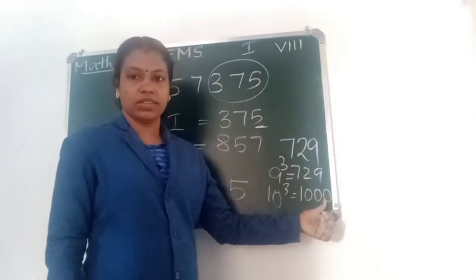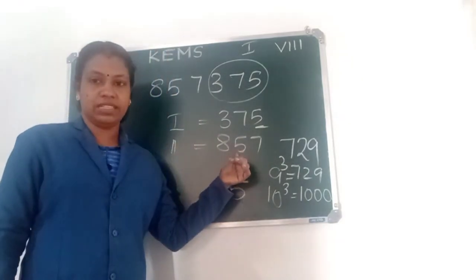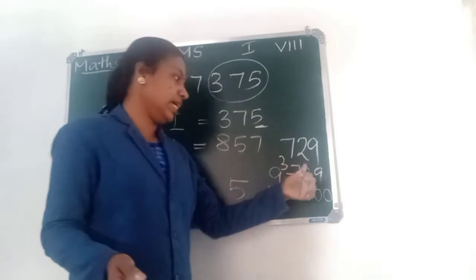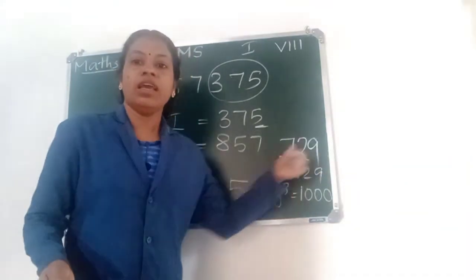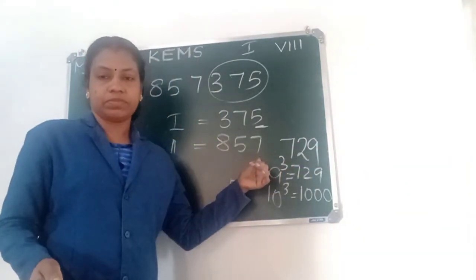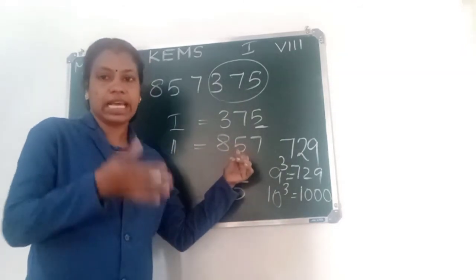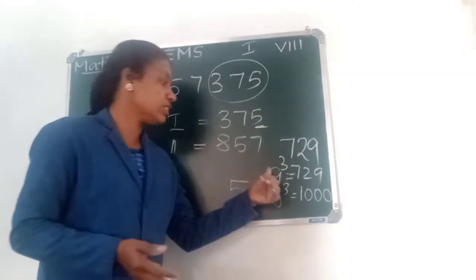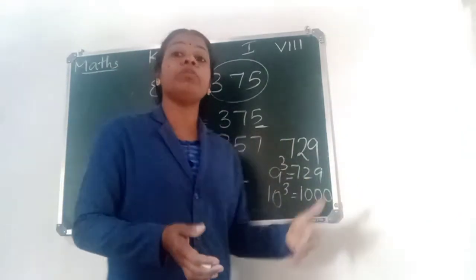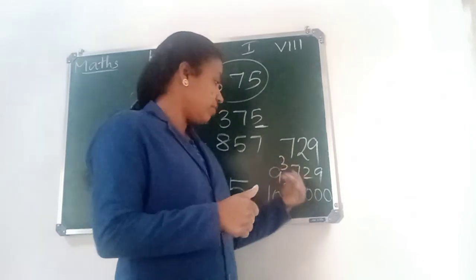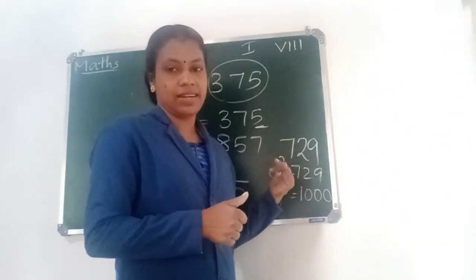It is not near to 857, it is bigger. So 729 is the nearest cube number before the second group. 9 cube equal to 729, so the cube root of this number is 9.